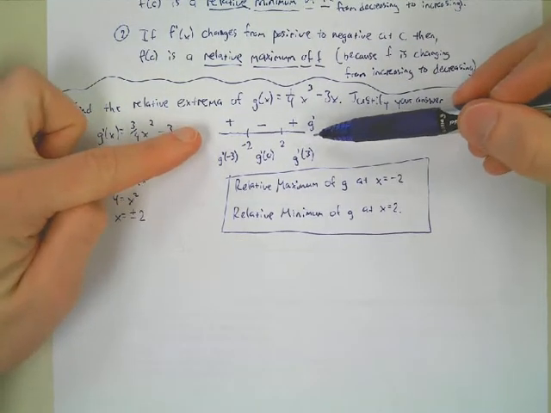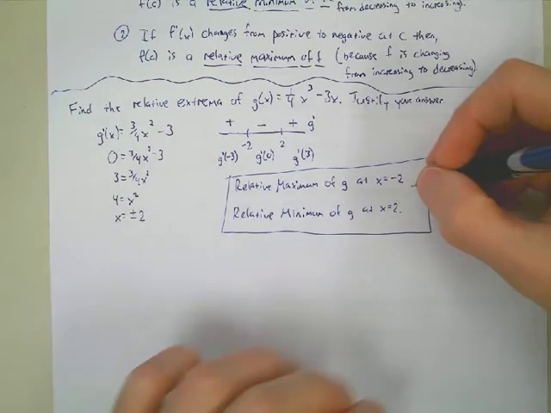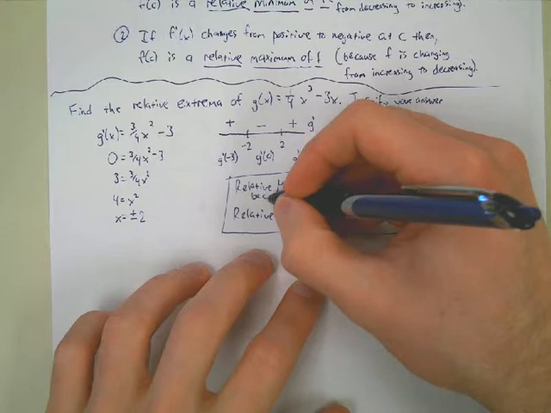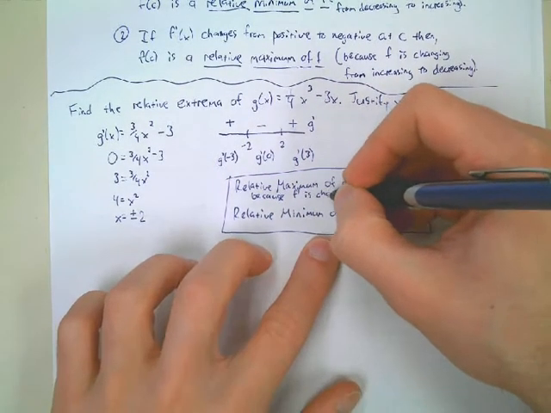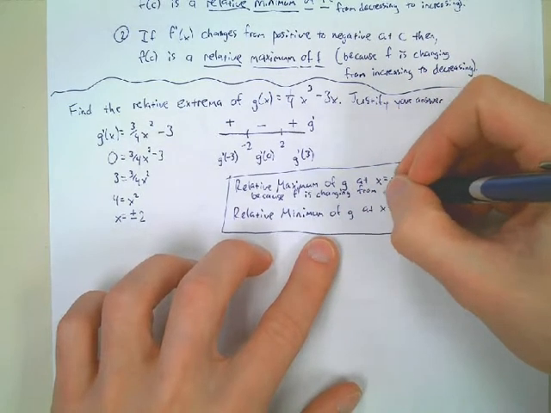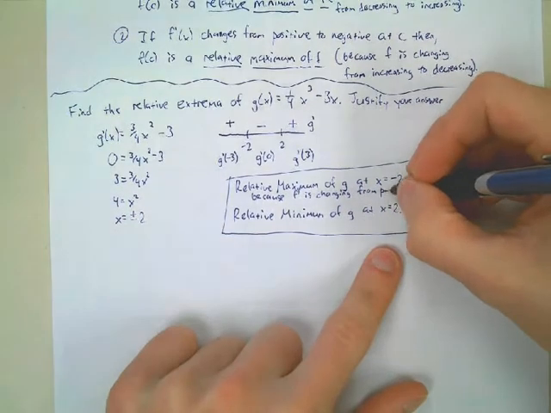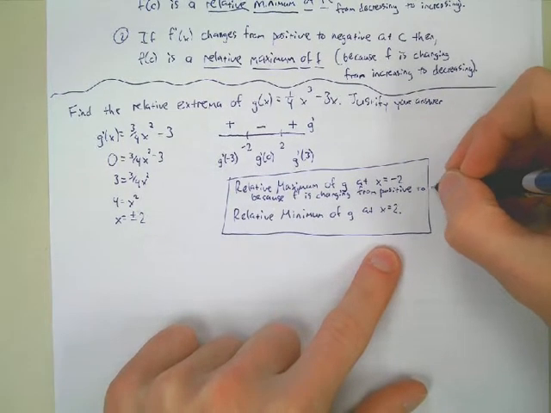For justification, you want to put something like because, and all you have to write is because f prime is changing from positive to negative. And yes, you must write the full word positive and the full word negative at this point.